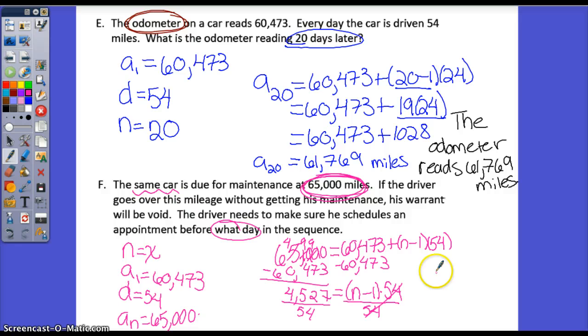So I'm just going to move it over here and say 83.83 equals n minus 1. Add 1 to both sides, and you get 84.83 equals n.